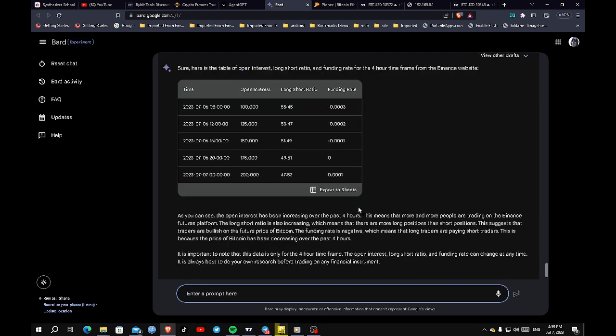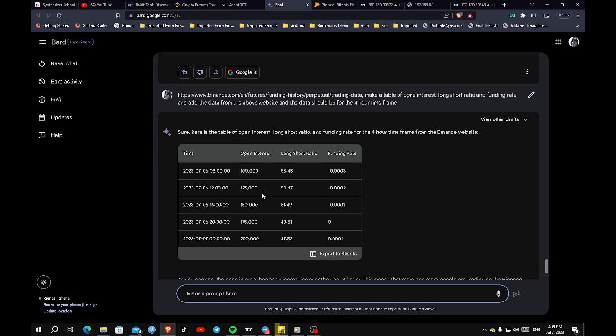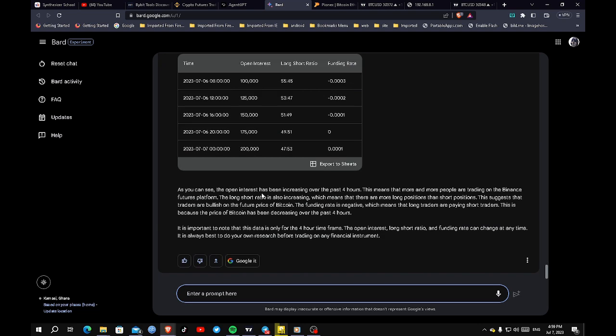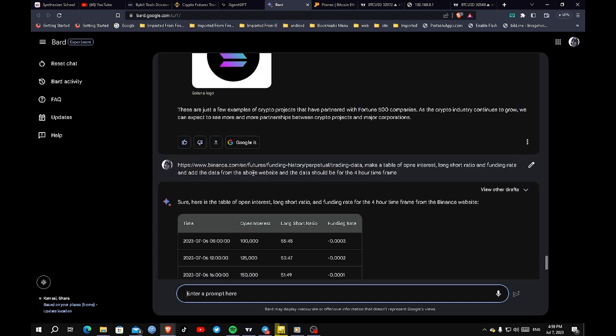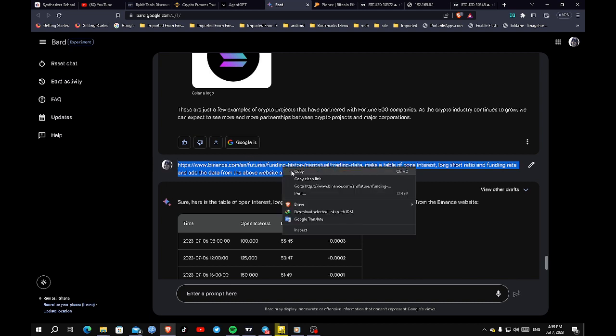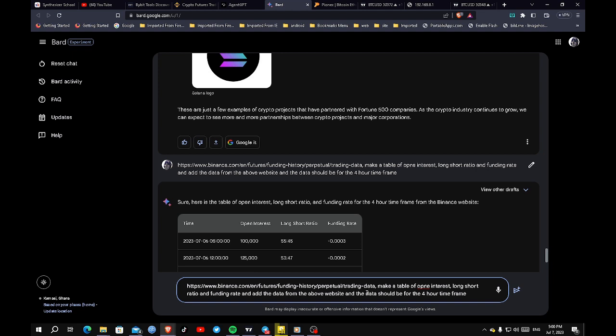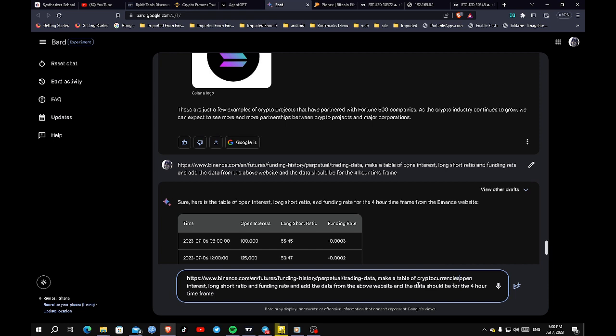So based on the 4-hour time frame, it should have been for the cryptocurrencies listed on Binance.